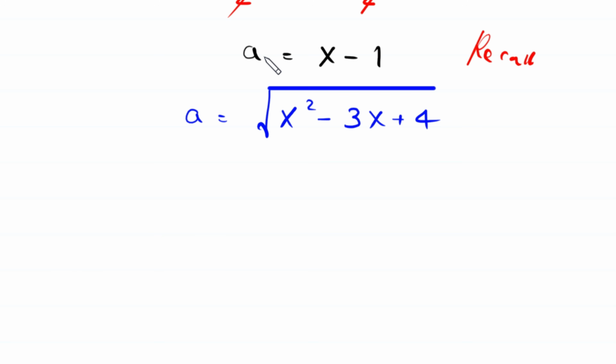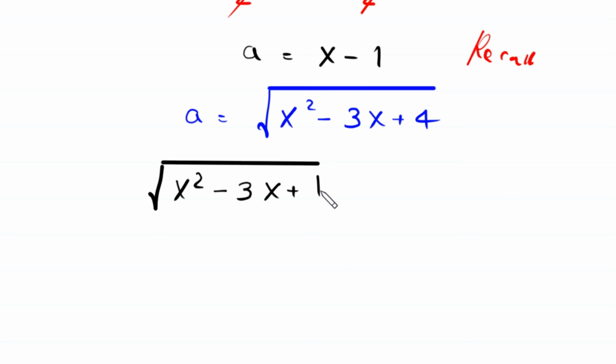So this equation will become the square root of x squared minus 3 times x plus 4 equal to x minus 1.